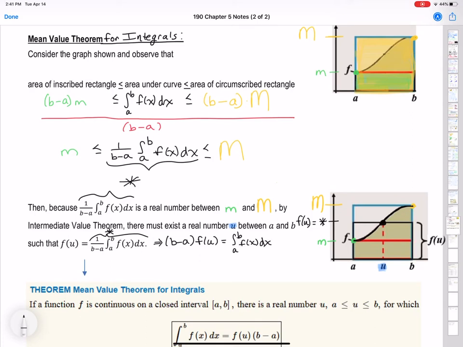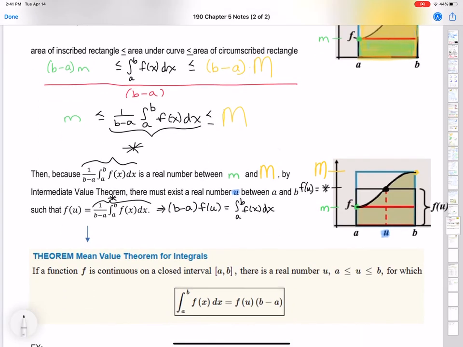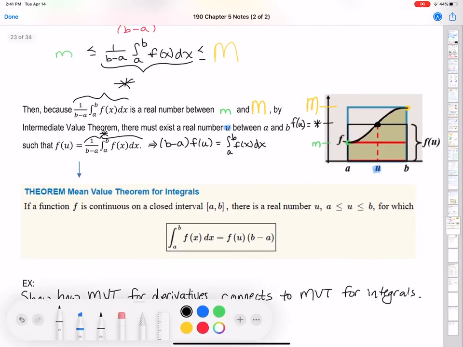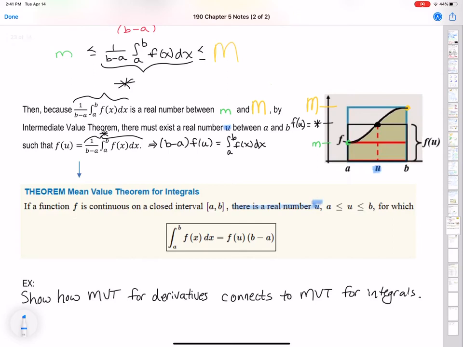So this is the mean value theorem for integrals. It says if a function is continuous on the closed interval, then there has to exist this real number u, and that's what you see up in the picture, such that this definite integral from a to b of f is equal to f of u times b minus a.